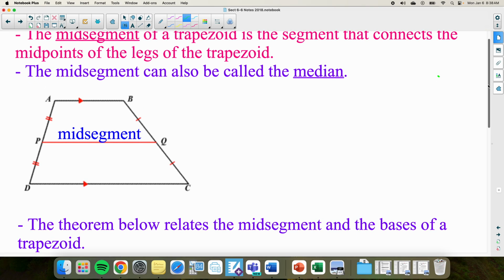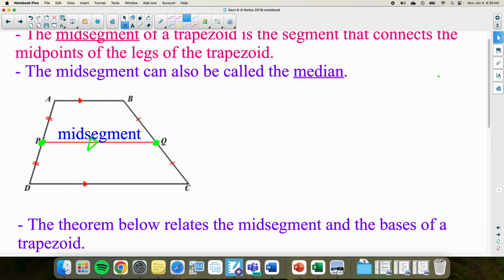So in a trapezoid, if you connected the midpoint of this side and the midpoint of that side and connected that, first of all, this would also be parallel to your bases, and it's called the mid-segment, or some books call it a median.